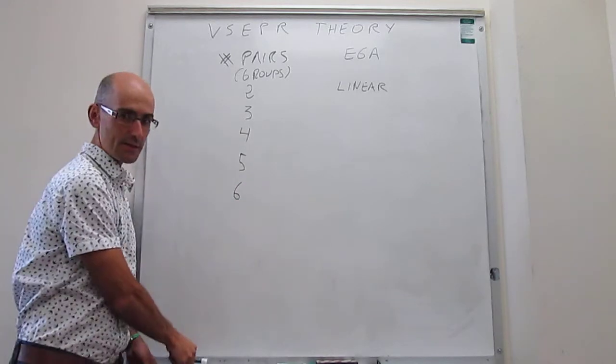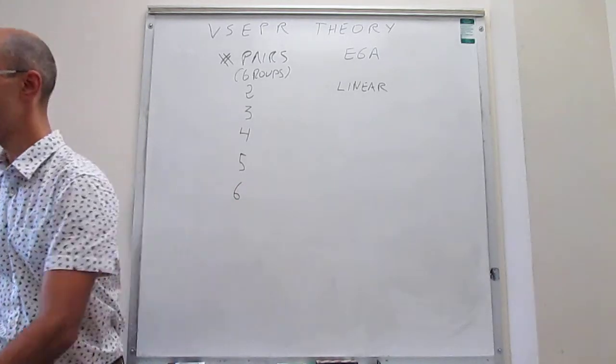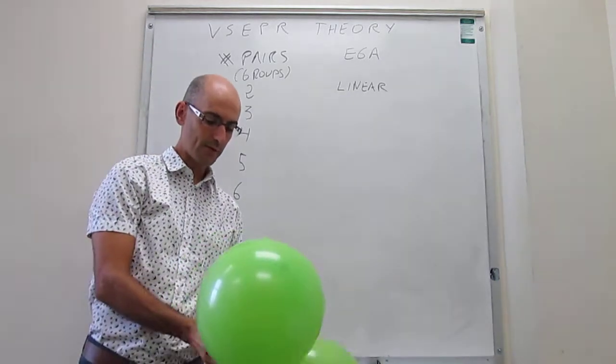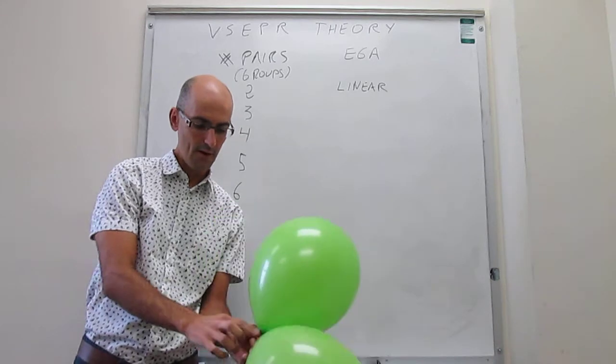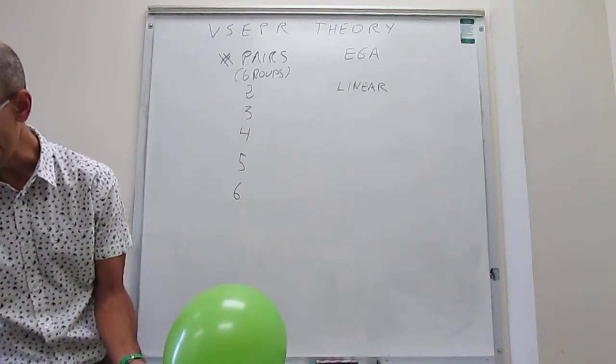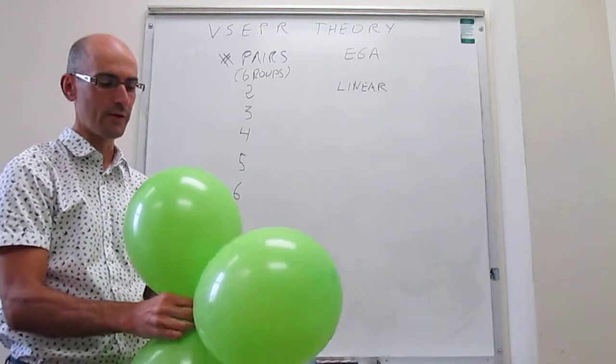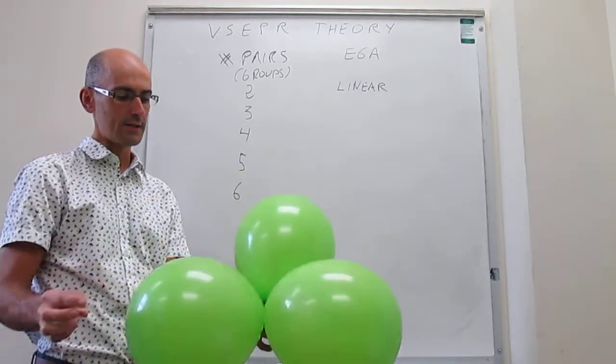Continuing with the props, I'm going to look at 3 groups of electrons. Same as before, my fingers represent the central atom, and the balloons are the electron groups.